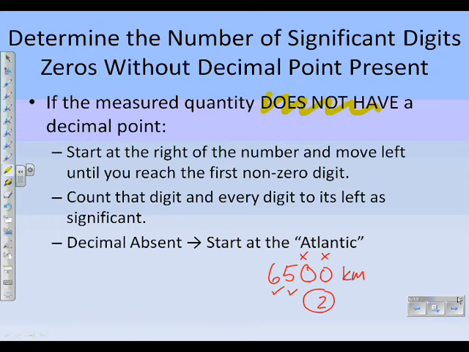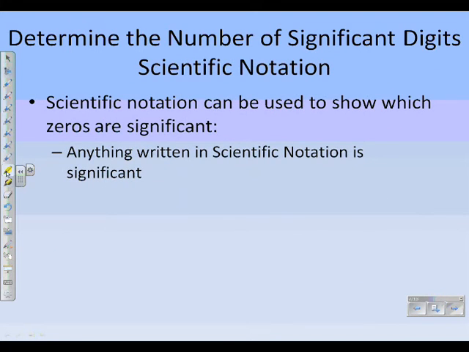Okay. So, last rule, scientific notation. If we write a number in scientific notation, anything that we write down is significant. Remember that scientific notation is supposed to contain a number between 1 and 9.9999999, etc., right?